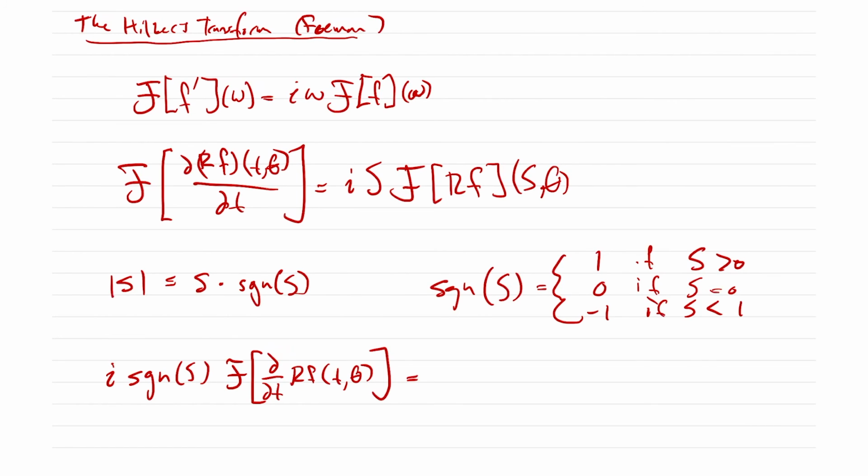And we're saying that this should be equal to, evaluated at s theta, so many arguments to put in here, minus the absolute value of s times the Fourier transform of the Radon transform of f evaluated at s theta.